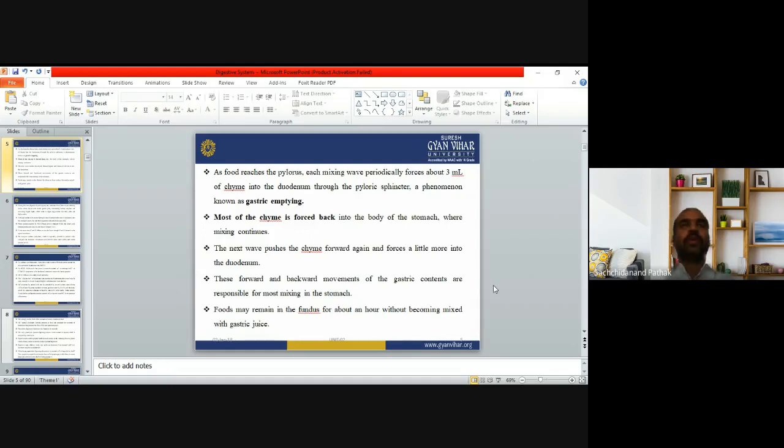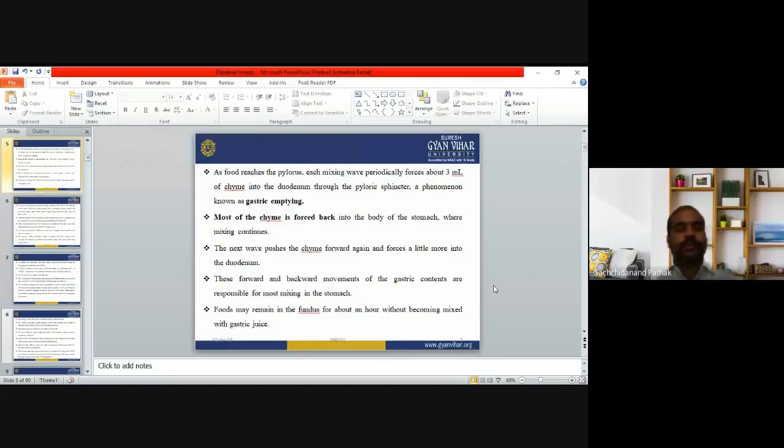So you can understand, when food goes into the duodenum, a small amount of the food comes back into the body of the stomach. This going and coming movement, that means backward and forward movement, will again help the food to be mixed.